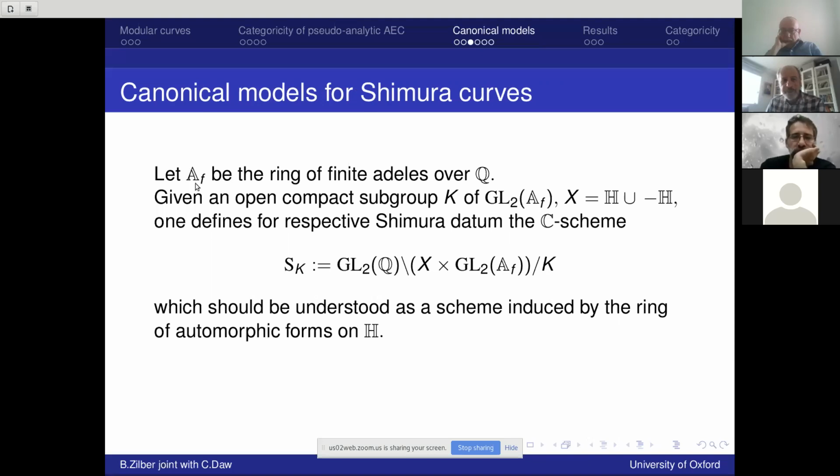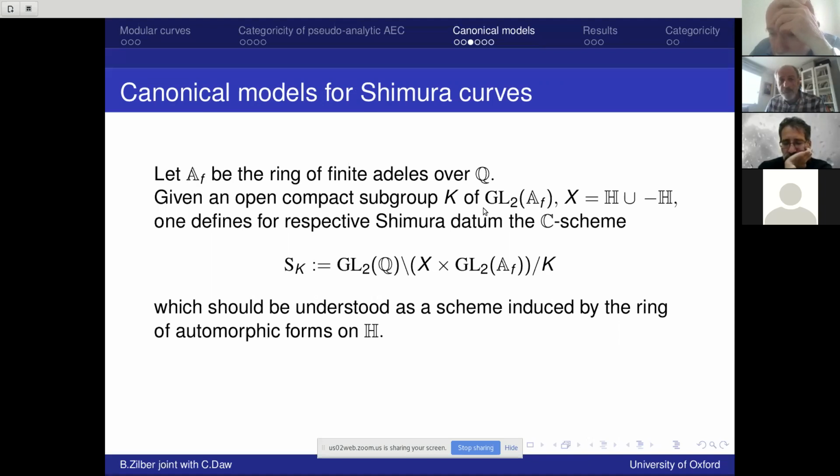So it means that we don't consider the component that corresponds to Archimedean valuations.